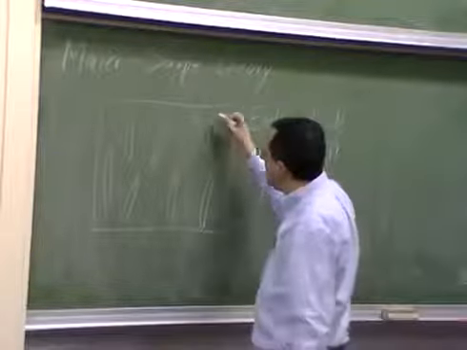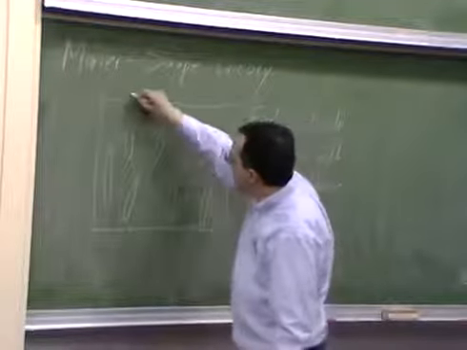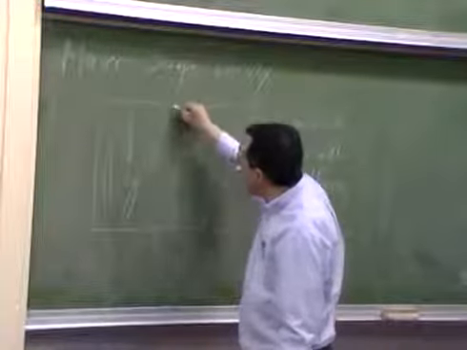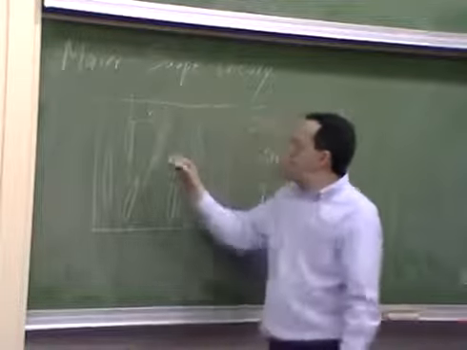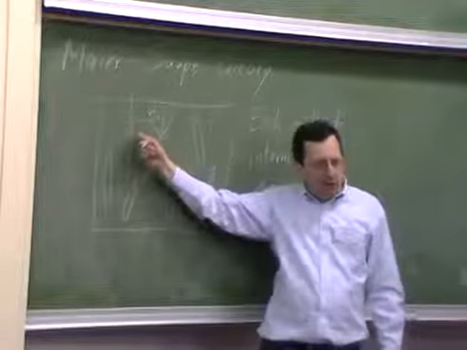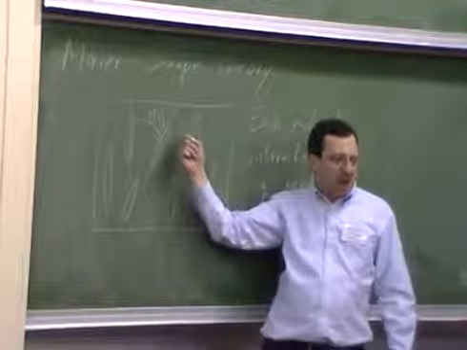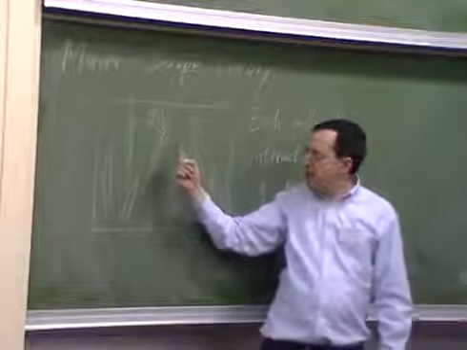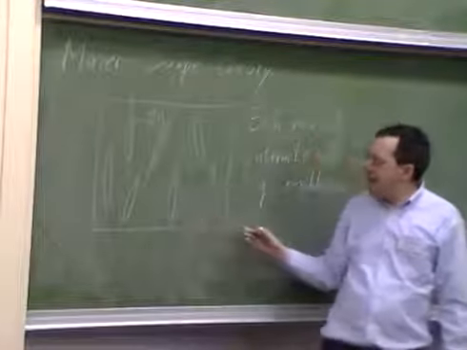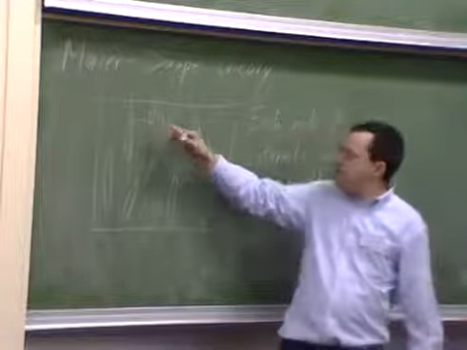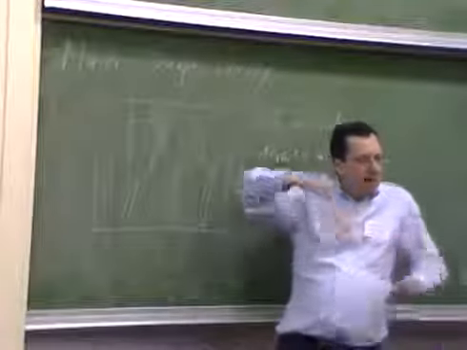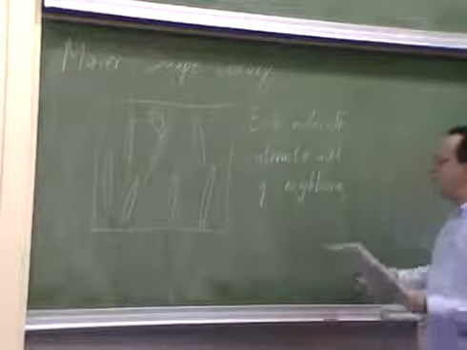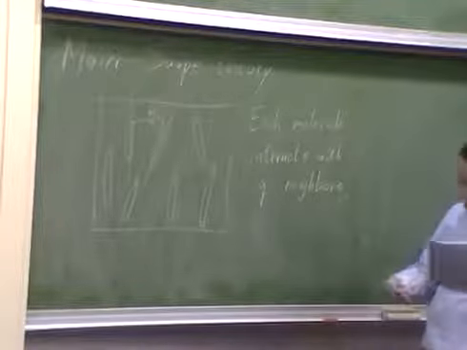Favors having them be parallel to each other. So we could say if there's some angle theta ij between molecule i and molecule j, then the interaction ought to be minimized when theta is either 0 or 180, and maximized when theta is 90 degrees, perpendicular alignment.